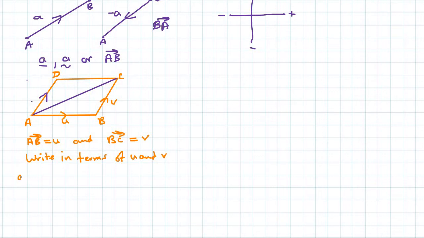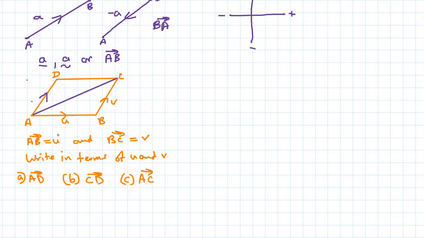So let's come up with some questions. Let's say you're going to try to find the vector AD. So question A is find AD, in terms of U and V. For B, we're going to find CD. And for C, we're going to find the vector AC.